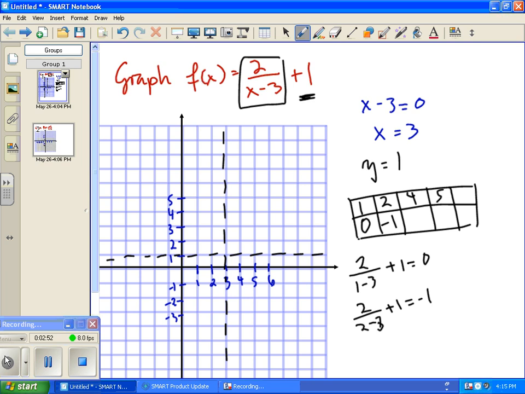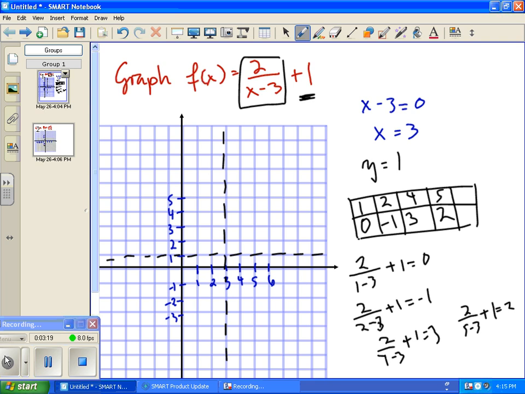When we plug in 4, 2 over 4 minus 3 plus 1 equals 3. And then the last one, 5, 2 over 5 minus 3 plus 1 equals 2.